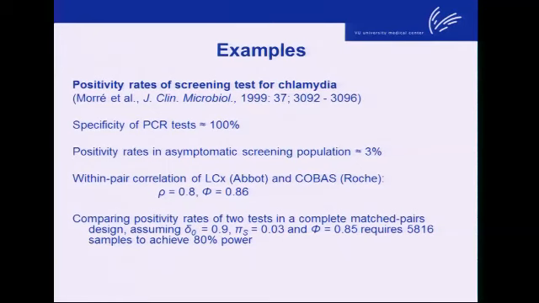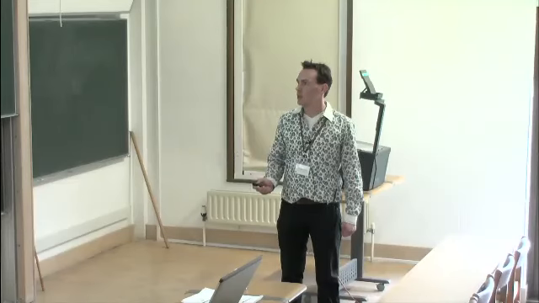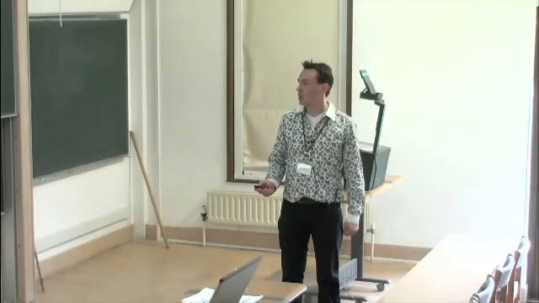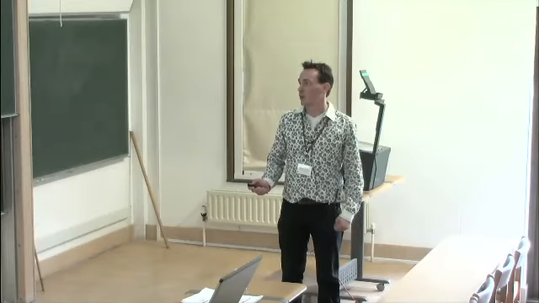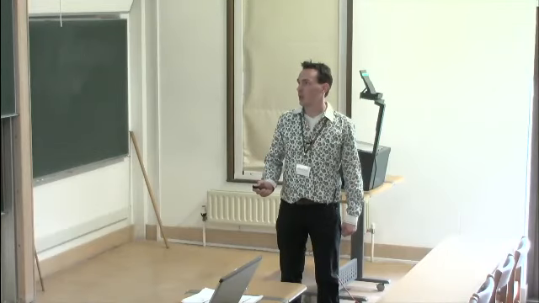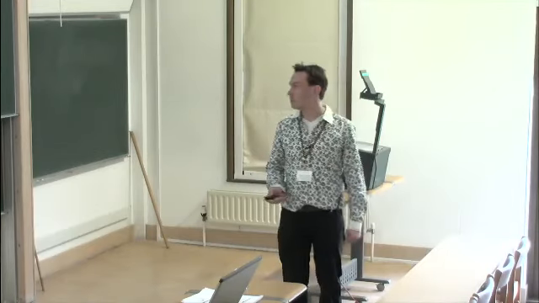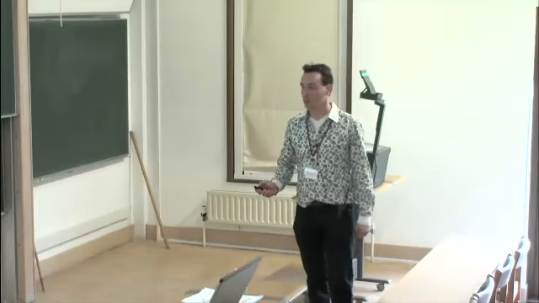So then it makes sense to compare the positivity rates of the two tests. We checked how many samples we would need to achieve 80% power, assuming this non-inferiority margin, this positivity rate, and a relative within-pair correlation, which we also based on the previous study. And we found that almost 6,000 samples were needed.